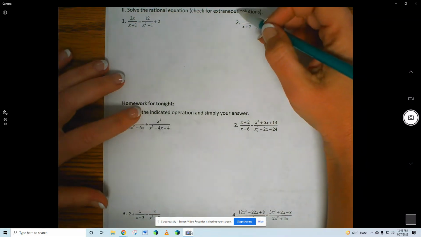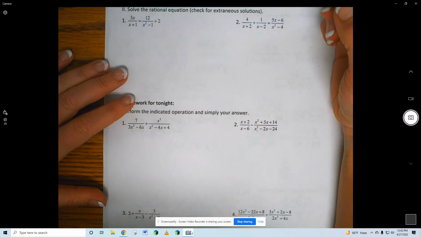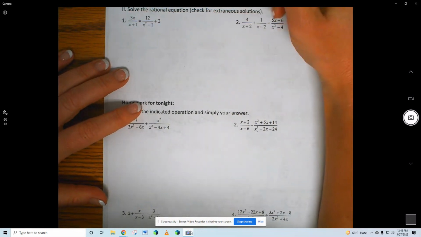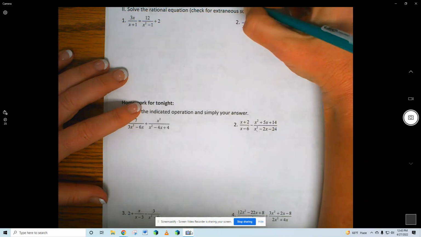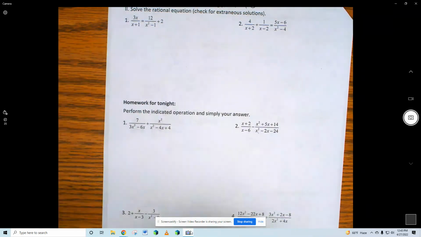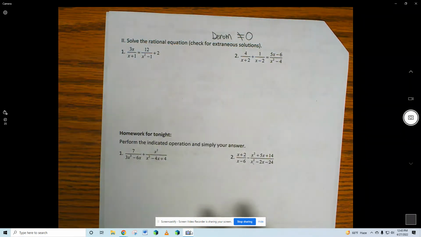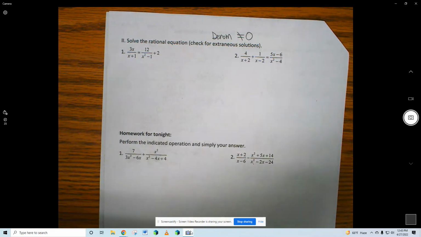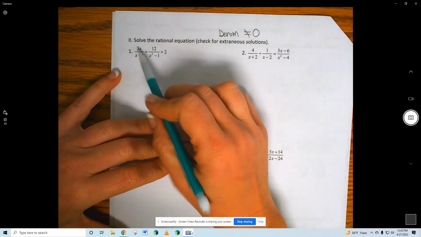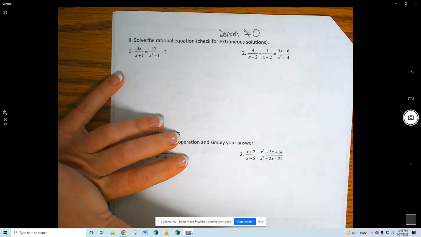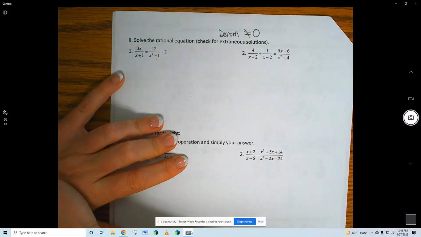So remember, the check for extraneous solutions means I cannot have the denominator equaling 0. Denominator cannot equal 0. That's an extraneous solution. Okay? So, when I get something like this, I again have this issue of nothing being the same.